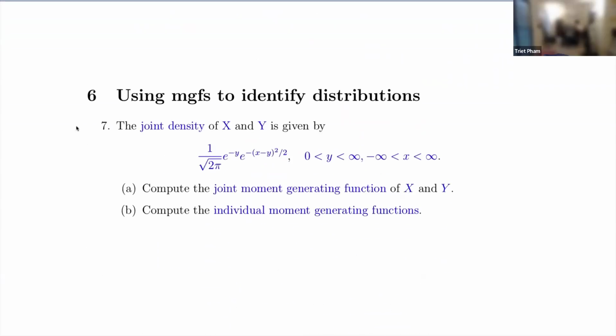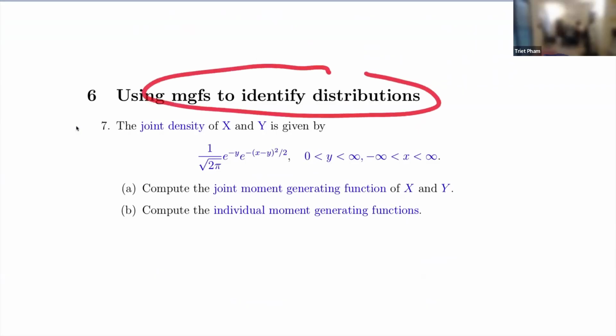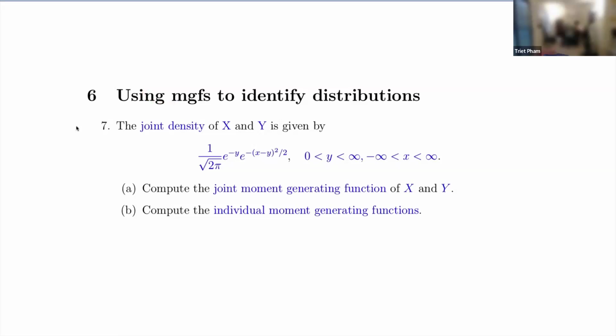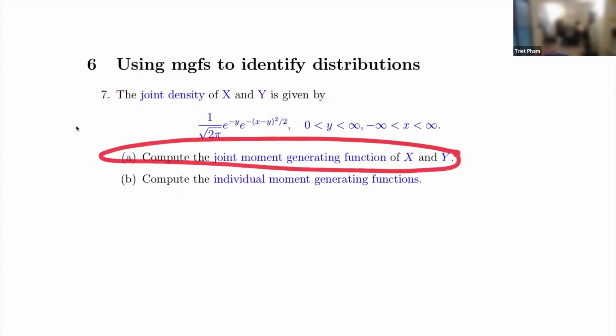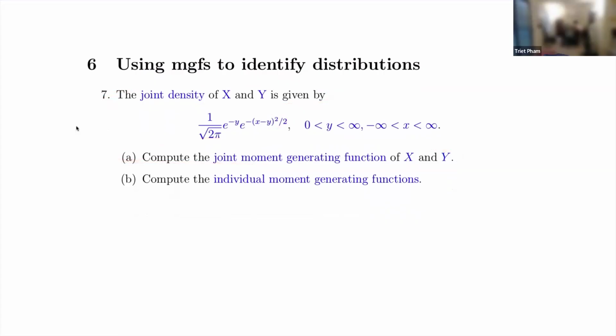All right. So the last couple of problems is just really applying the MGFs to solve something. And it emphasized the fact that you can use MGFs to identify distributions. Okay. So here, you have x and y given by this, and you want to compute the joint MGF of x and y.